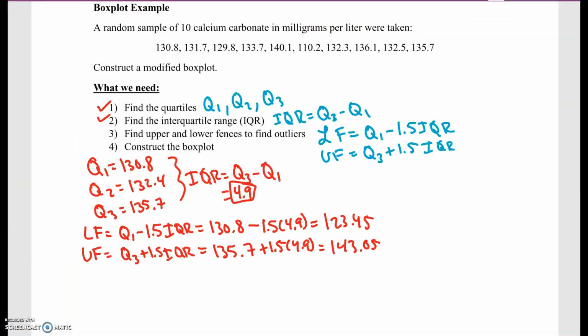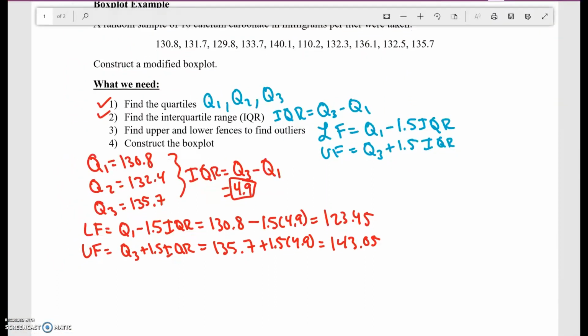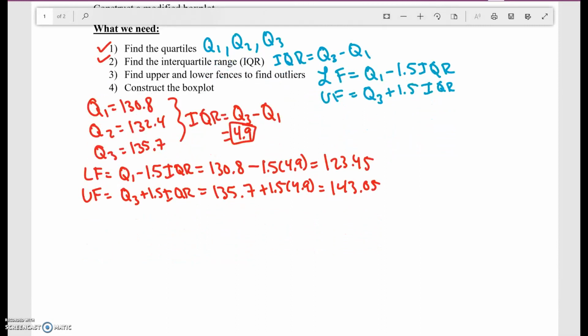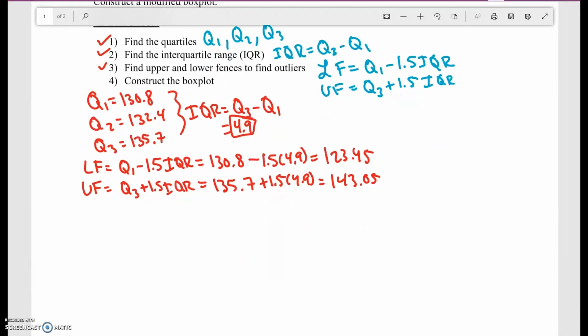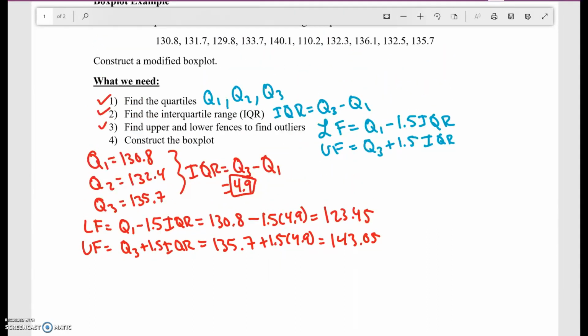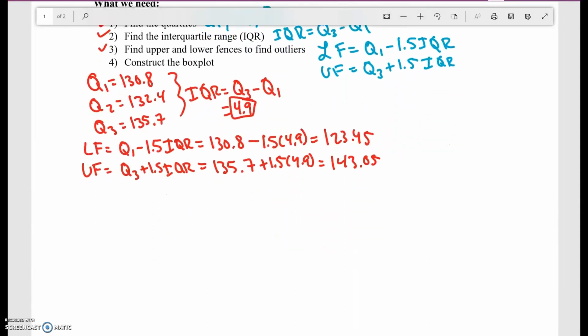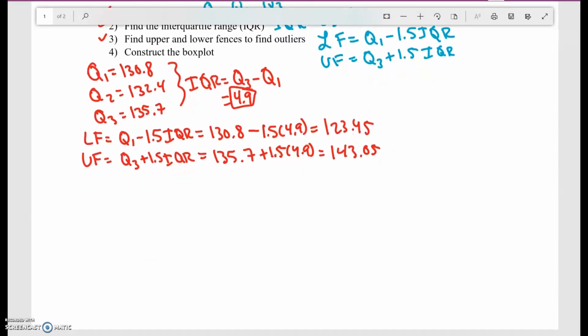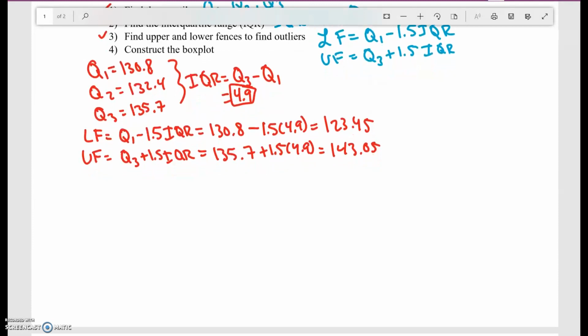Okay, so I got most of the information that I need. Now what I need to do is construct this box plot. I don't really need this data anymore, but I have all of this information. So let me draw a number line, and usually on the exam I will give you the number line.